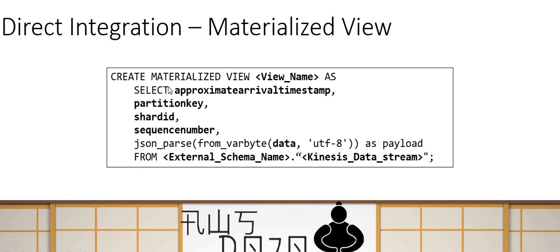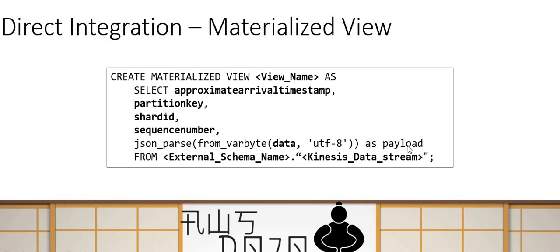Now look at the fields we can choose. Of course, if you're talking about your data which is coming, that is a payload, and it comes from the field data. So data is the field from which you can read the data, and here we are simply doing the JSON parsing of the data, and we are creating this field as a payload.